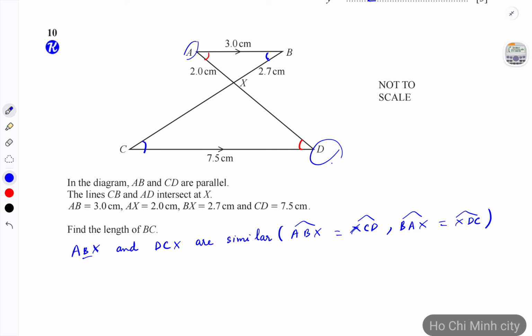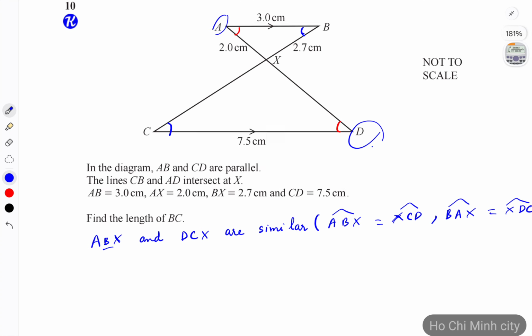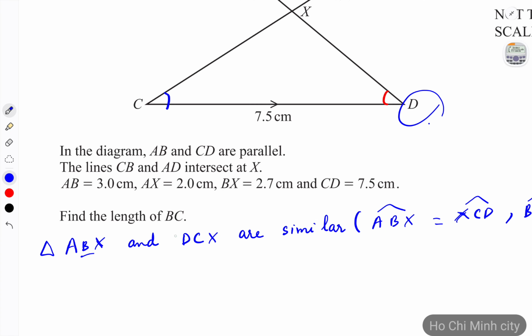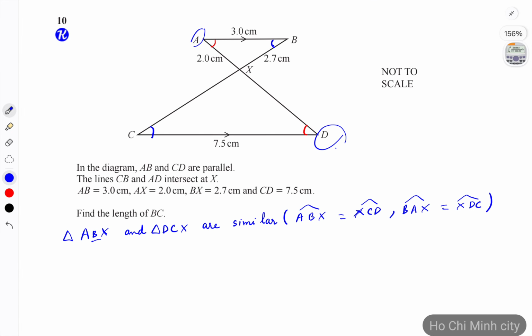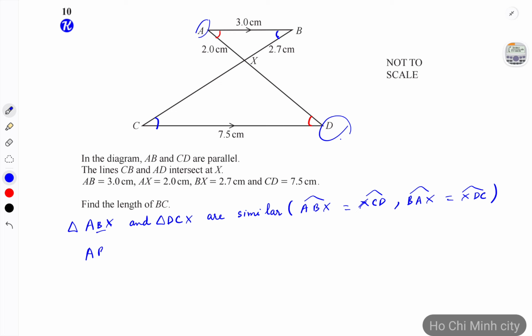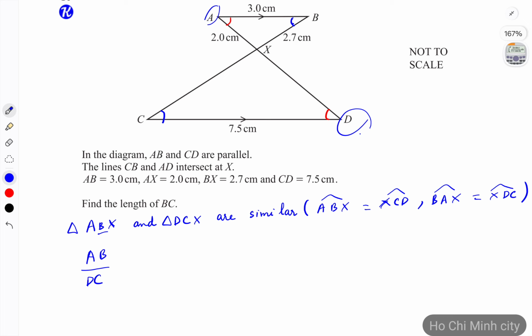All right. So once we have these two triangles similar, then we have the expression or the ratio, right? So we have AB over DC is going to be equal to BX over CX, and it's going to be equal to AX over DX.